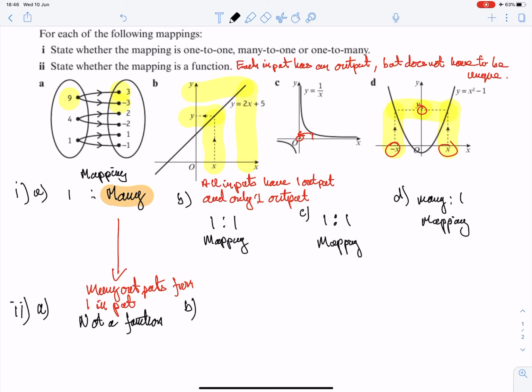Part B, one to one, so each input does have a unique output, so that must be a function.